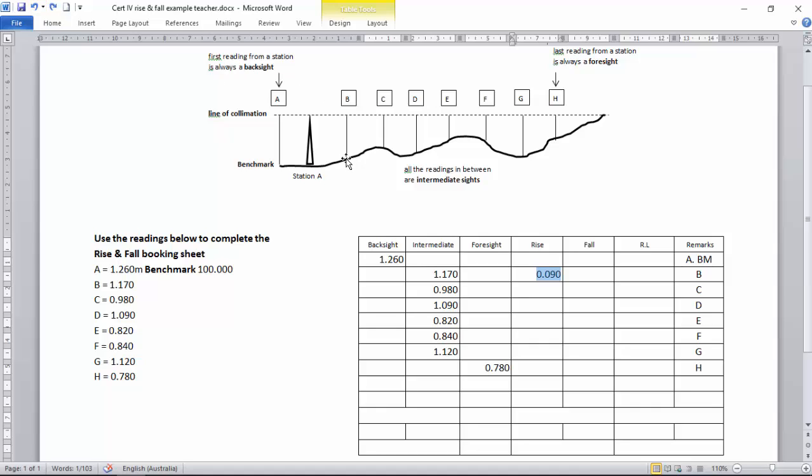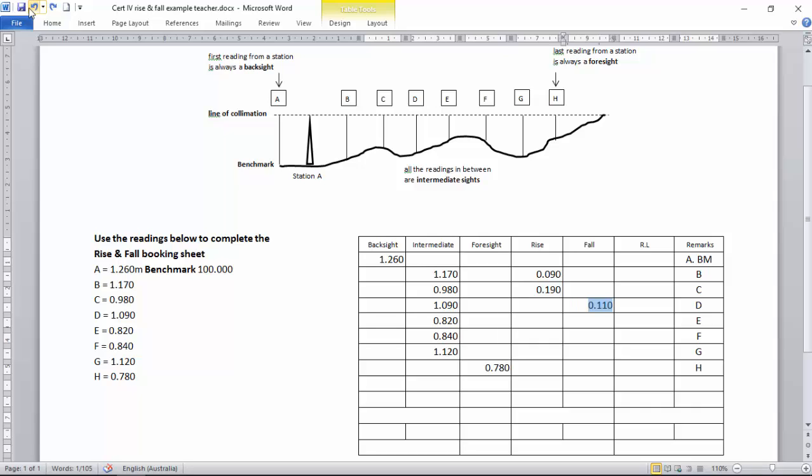Visually you can see it. Our next one goes from 1170 to 980, and we can see visually again that C is definitely higher than B, so it's a rise again.